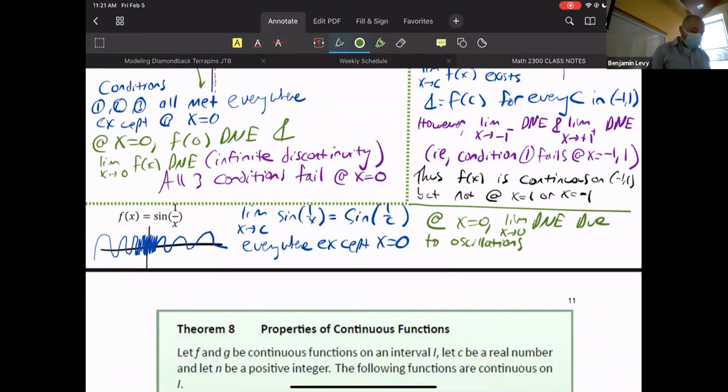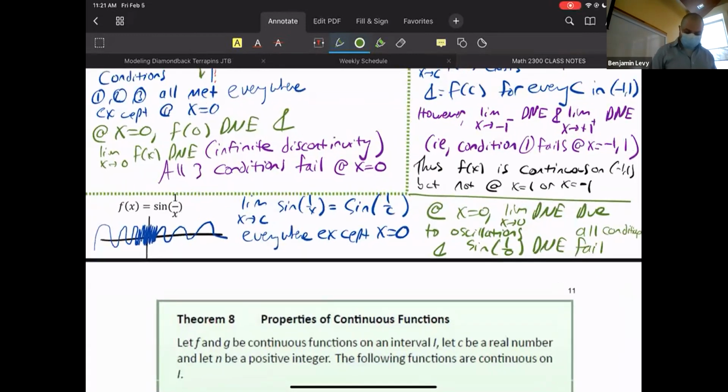And moreover, just to make it even more clear, sine of 1 over 0 doesn't exist either. And so all conditions fail. Sorry, it's getting kind of cramped there. Maybe in a future class, I'll put that in its own page. This word right here says conditions. Maybe I can make that better.